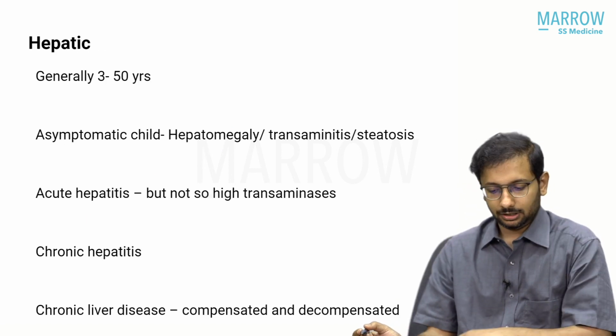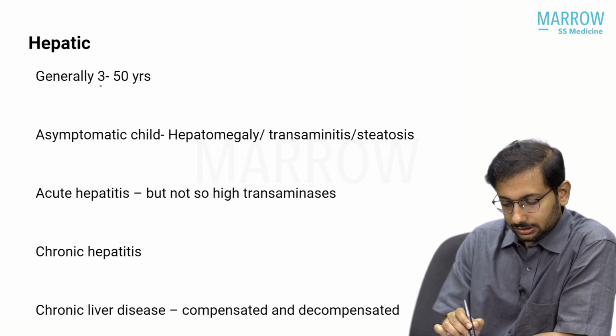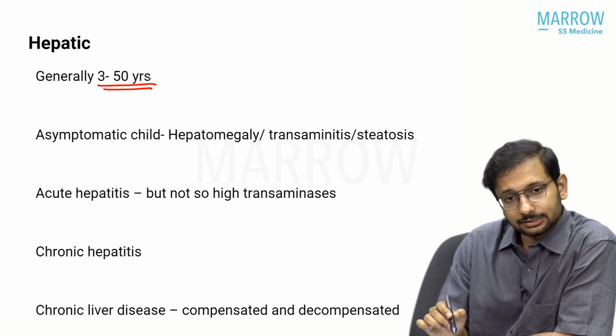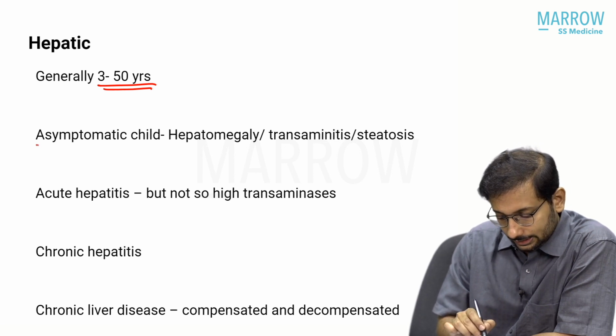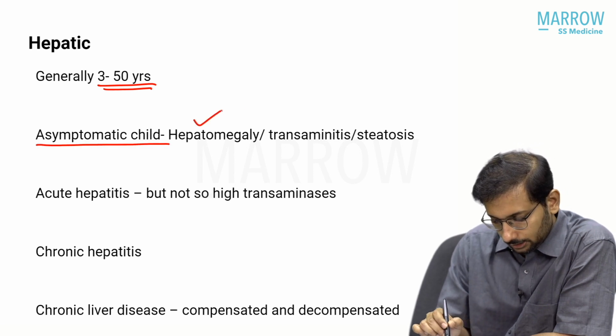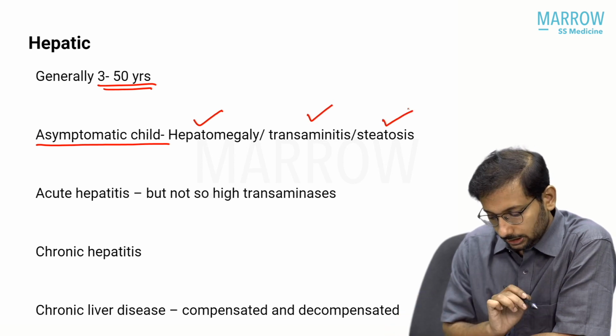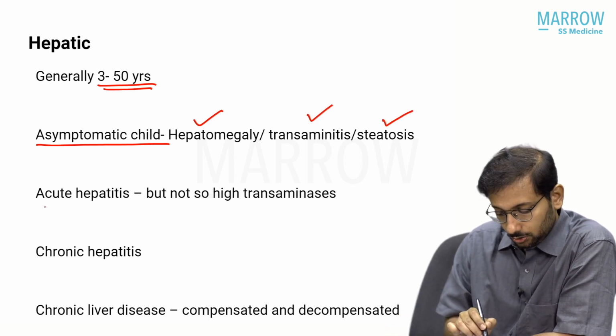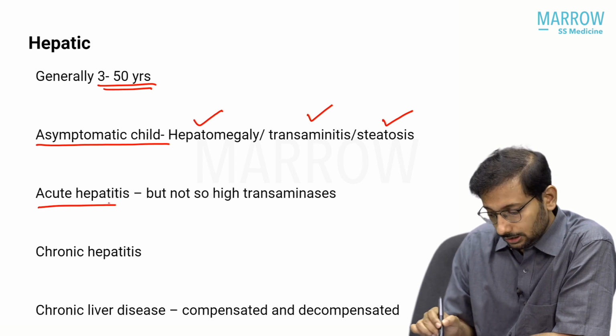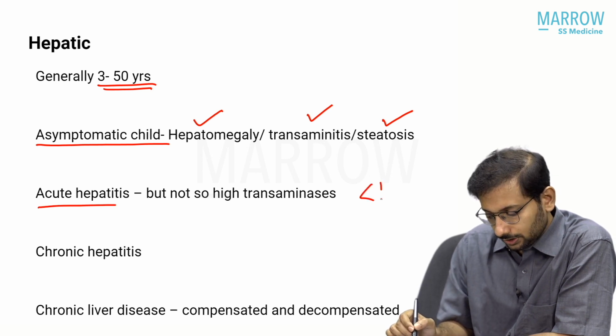So let's see. Hepatic disease, generally within 3 to 50 years of age, less than 3 because of metallothionein and metallochaperones. Any asymptomatic child with hepatomegaly, any asymptomatic child with transaminitis or steatosis, screen for Wilson's disease. You can have acute hepatitis in Wilson's disease, but transaminases will be less than 1500 or 2000.